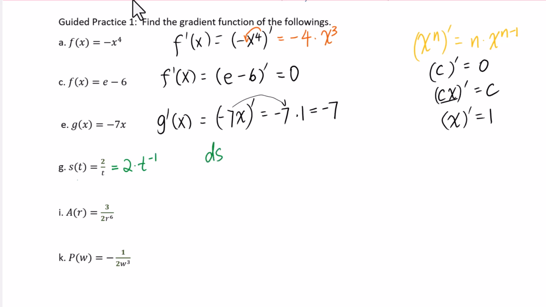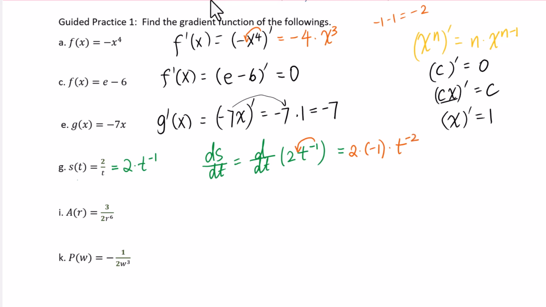So ds dt equals d dt of 2t to the power of negative 1 equals, drop down negative 1, 2 times negative 1 times t to the power of negative 1 minus 1 equals negative 2.